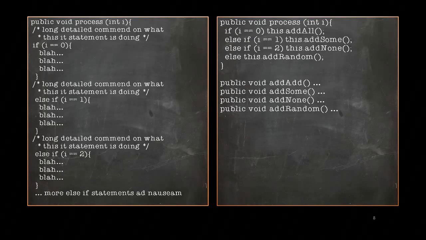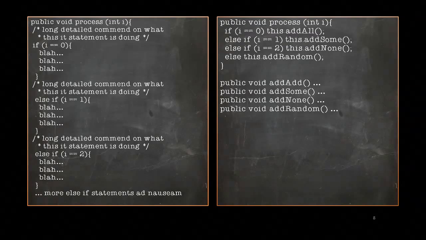If i equals something else, do something else, and so on and so forth. And in order to try and give the reader of my code some idea of what's going on, I've put comments before the if statements and the else statements. And what this makes is a very long method, and it's almost impossible to understand the flow of what's going on.